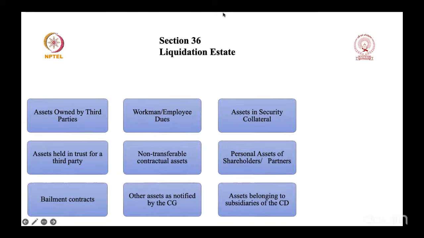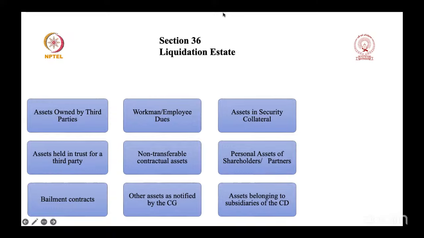Corporate debtors usually do this in anticipation of a liquidation or a CIRP, where they transfer valuable assets to their own relatives at an underprice. Therefore, these transactions should be reversed so that the liquidation estate gets the best value and the creditors can be paid as much as possible. So I'm not going into the depth of this transaction again. I'm sure you remember most of the discussion that we had.